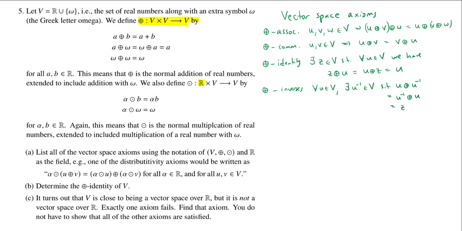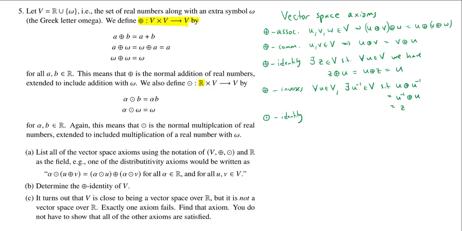Okay, so this is a list of all the axioms that build up the structure just using the addition. So now we need to start bringing in the scalar multiplication. Our first one is the O dot identity axiom.